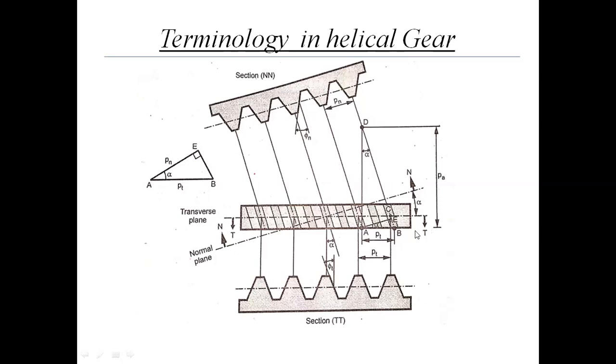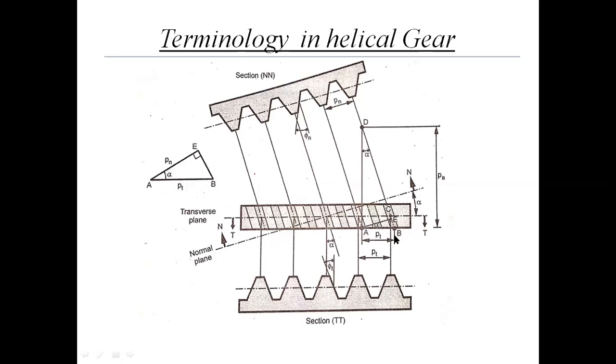And these Pt and Pn again make angle alpha. The normal plane and the transverse plane make angle alpha here. So by parallelism of these two lines, the angle is again alpha. So this angle will be alpha.